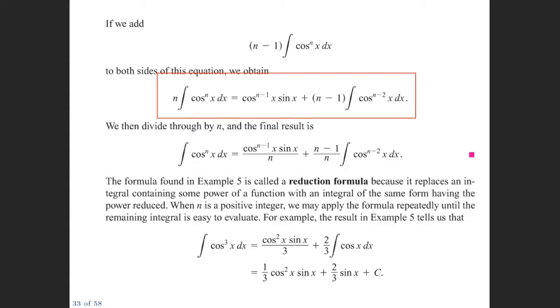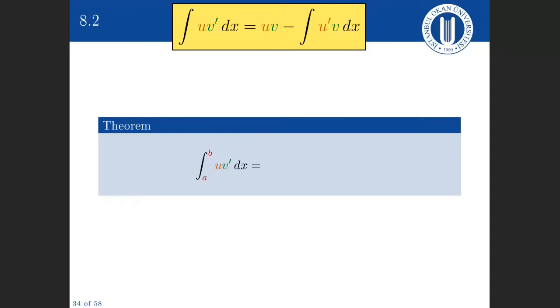Dividing by n, we get the answer to this problem. So for example, if I wanted to calculate cos cubed, we could use this idea to write this as a function plus an integral of cos to the power 1. Let's move on. You can read the details about that in your book later.